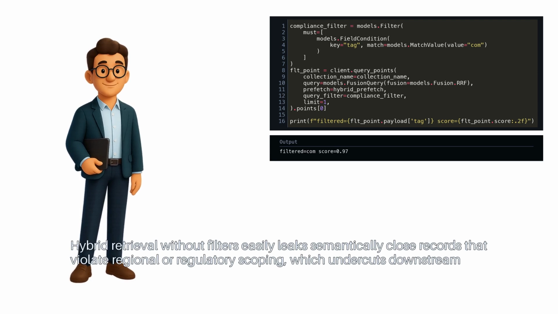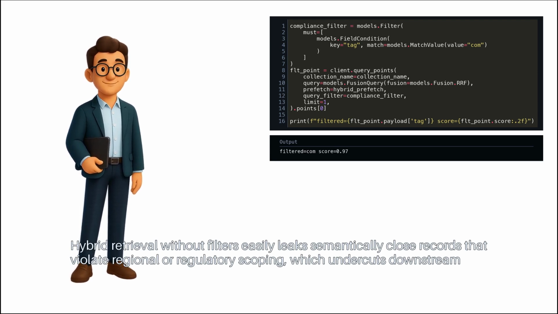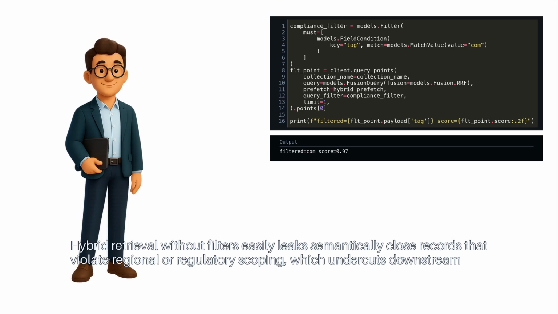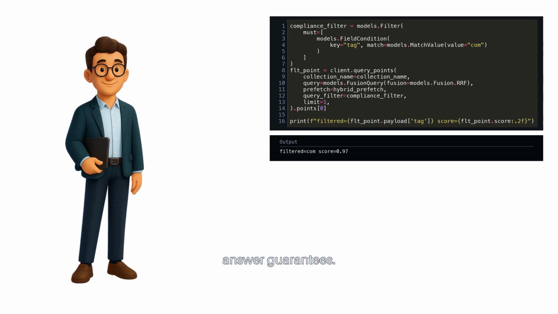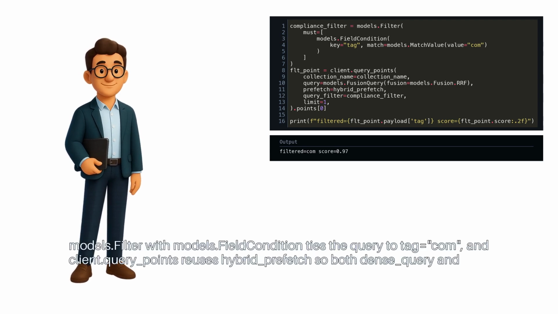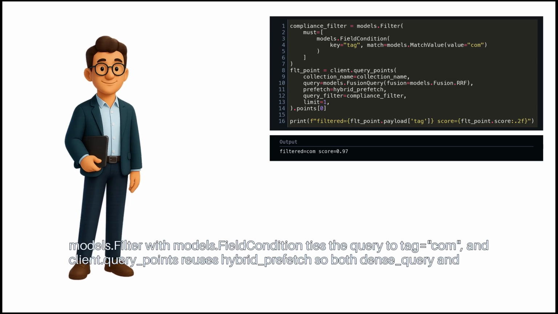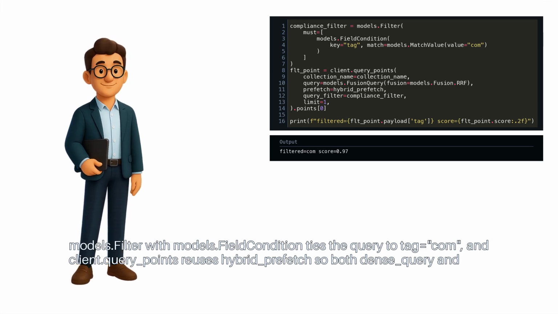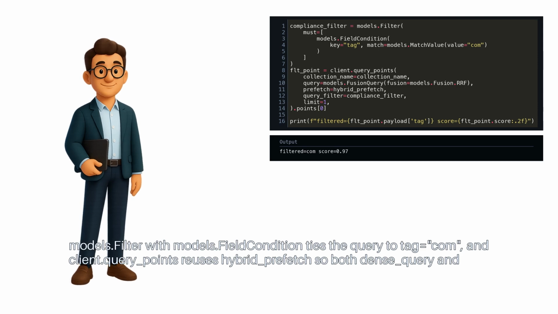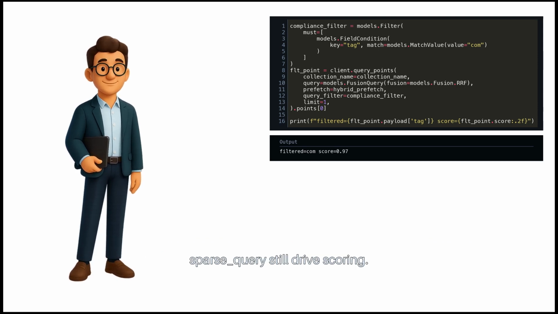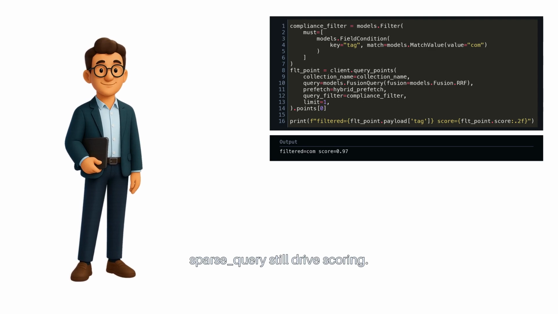Hybrid retrieval without filters easily leaks semantically close records that violate regional or regulatory scoping, which undercuts downstream answer guarantees. Models.Filter with models.FieldCondition ties the query to tag equals comp, and Client.query_points reuses hybrid prefetch so both dense query and sparse query still drive scoring.